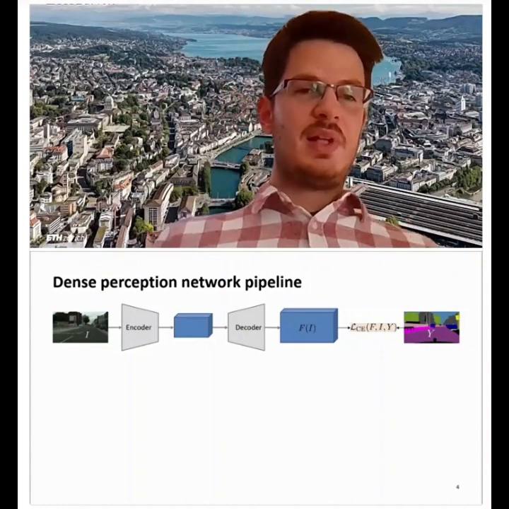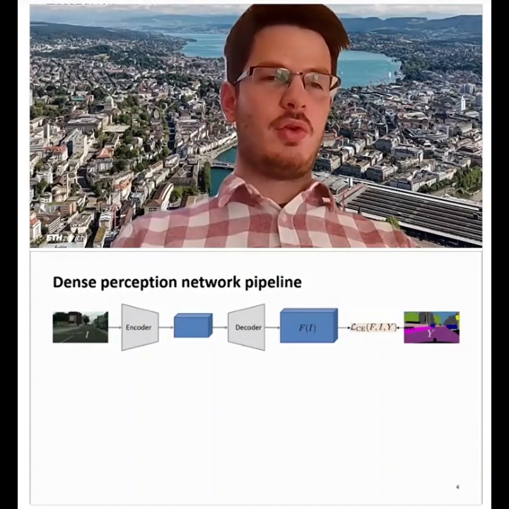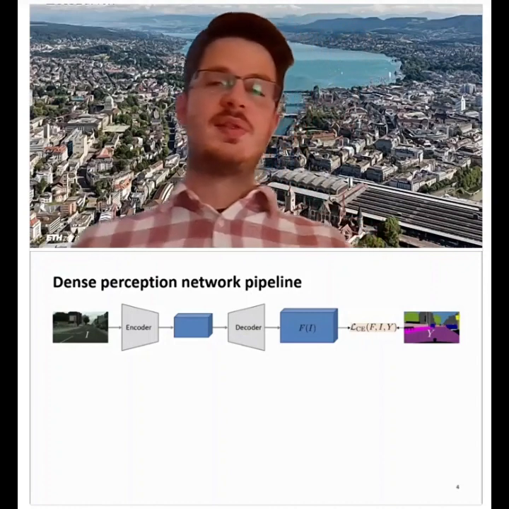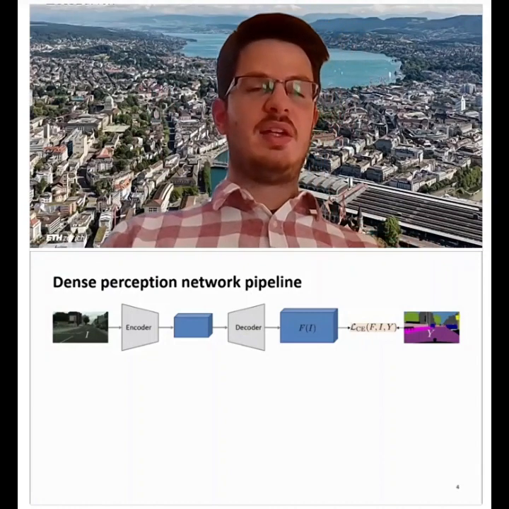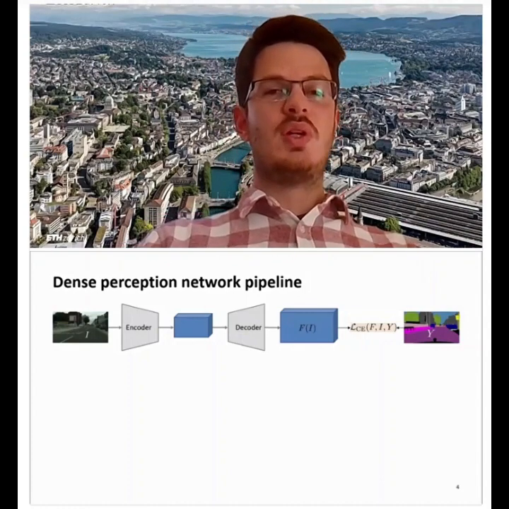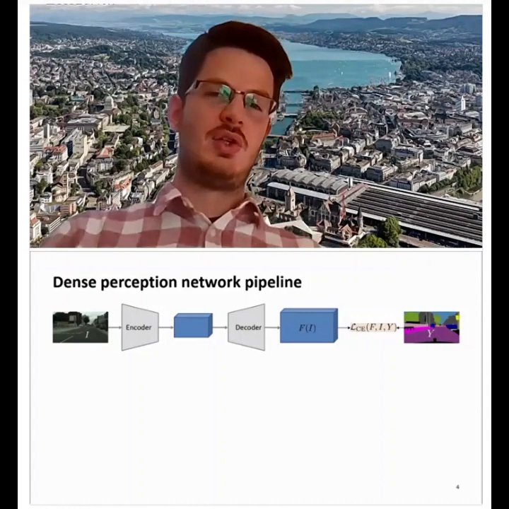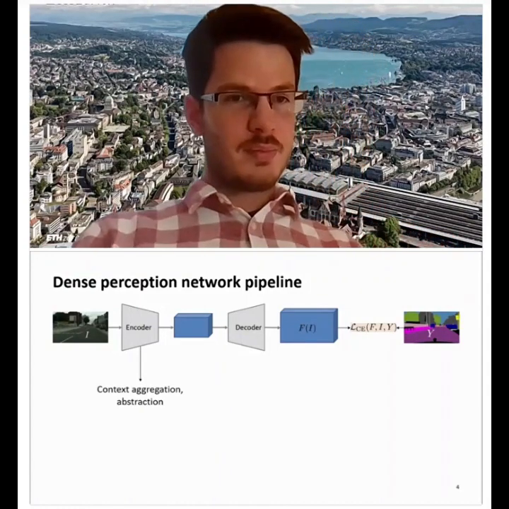So typically, what most works do for such dense perception tasks, whether geometric or semantic, is that they adopt an encoder-decoder pipeline. In this case, I'm showing an example for semantic segmentation, where the input image passes through the encoder.